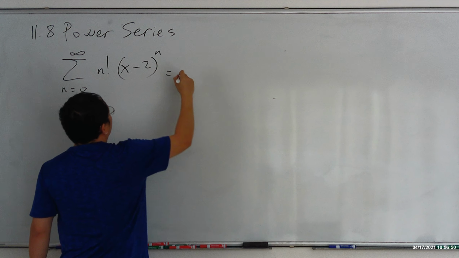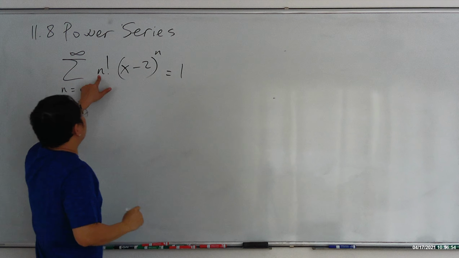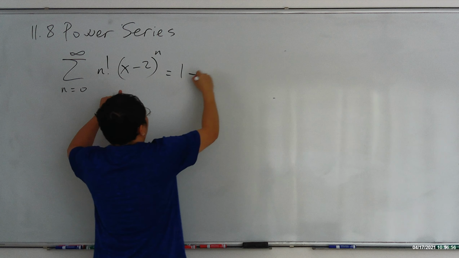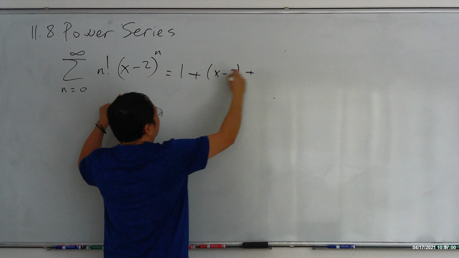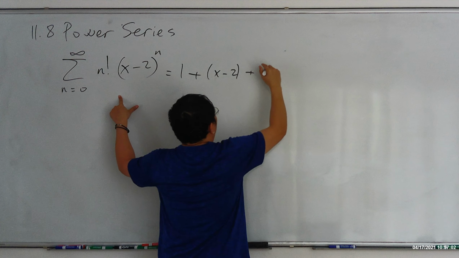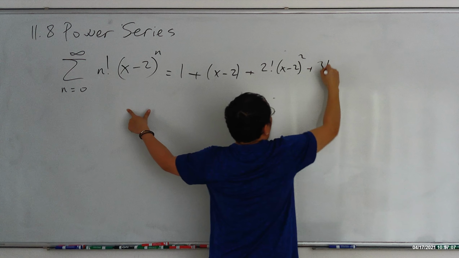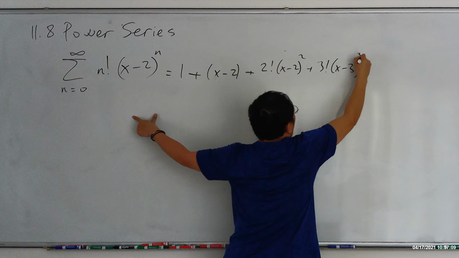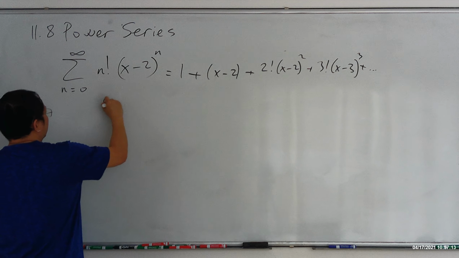And this is 1, n equal to 0, 0 factorial is 1, right? Plus 1 factorial (x minus 2). That's what I meant. And then 2 factorial (x minus 2) squared, 3 factorial (x minus 2) cubed, plus dot dot.